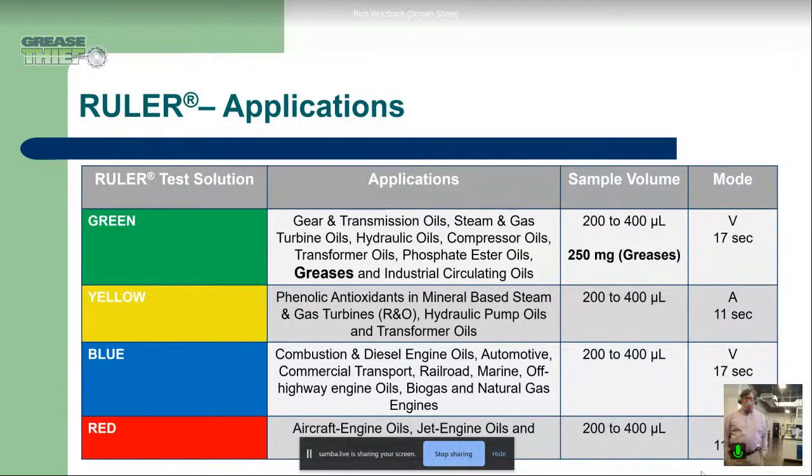Once they're in that solvent phase and separated from the oil and the contaminants and everything else that is there, we create this titration capability. It's a changing voltage titration, if you will.